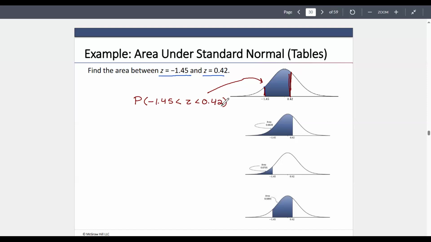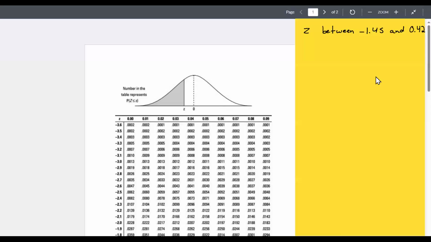All right, before we go forward, we're going to need to go back to those z-tables. Like we said, we're looking for a z-score between negative 1.45 and 0.42. So we're trying to find that area, which is equivalent to the probability that my z-score is between negative 1.45 and 0.42.